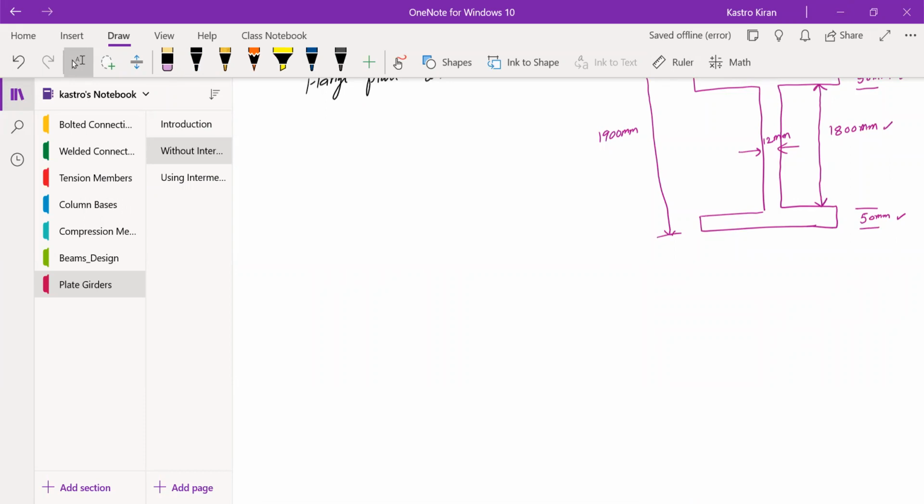Always remember, whatever section you're designing for a plate girder, it must be of plastic category only. It should not belong to any of the other 3 cases.